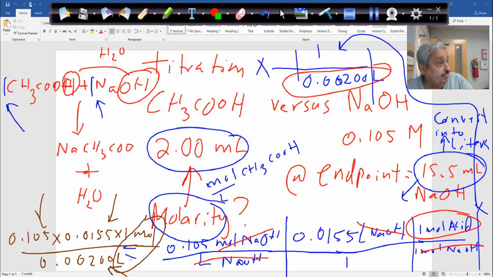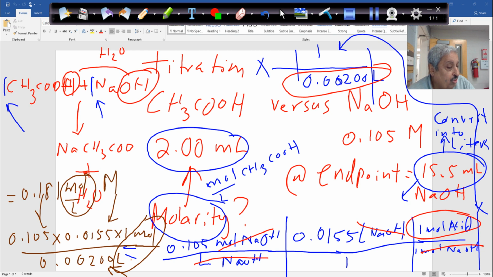Somebody has it? 0.814. The 4 we don't need, just 1, because 3 sig figs, mole per liter, or just replace this with capital M, or replace this with molar.